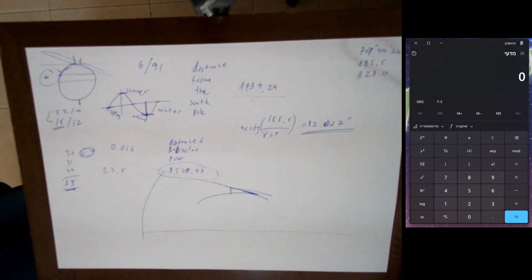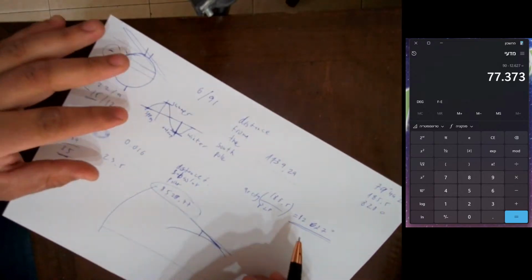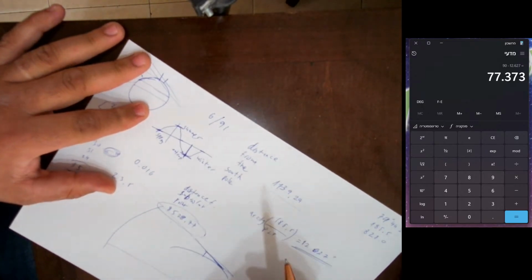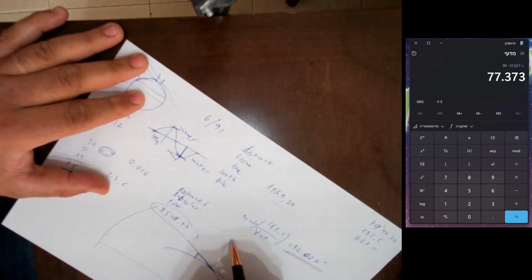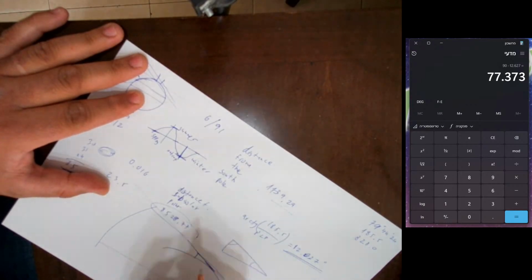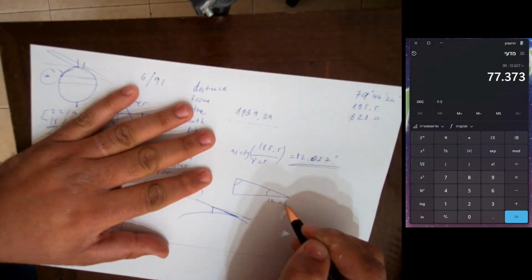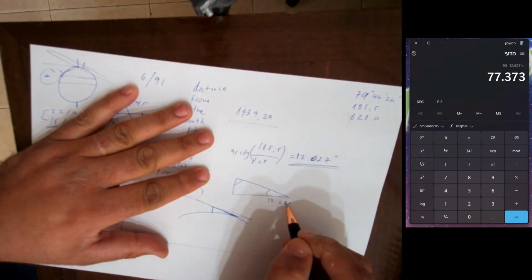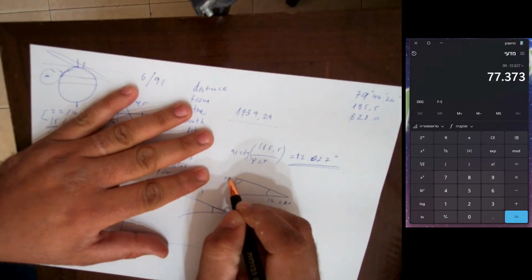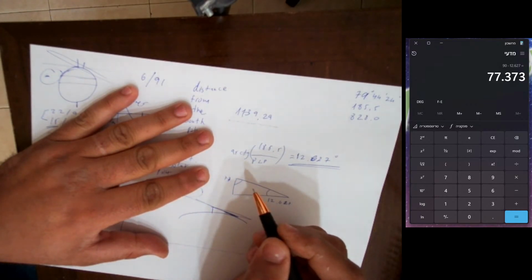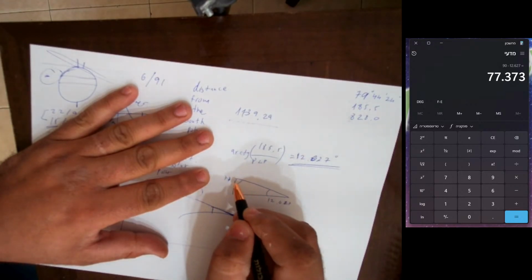Now let's go a little bit back. We have 90 minus 12.627, which is 77 degrees. This is the head angle of the triangle. Okay, this is 12.627 degrees and this is 77.373.